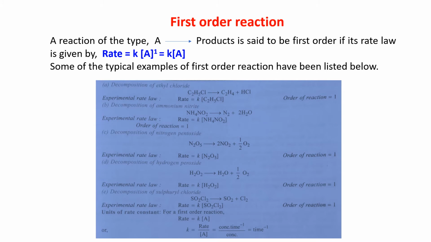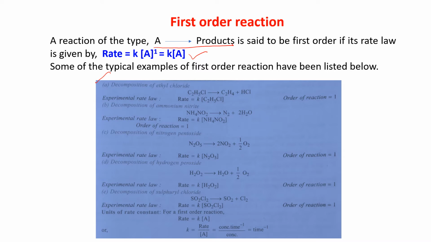When will we call a reaction a first order reaction? A reaction of the type, suppose A is giving you product, is said to be first order if its rate law is given by rate is equal to K A to the power 1, or it can be written as K times the concentration of A. Some examples of first order reactions: decomposition of ethyl chloride.